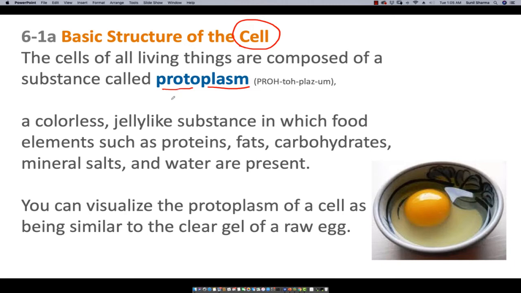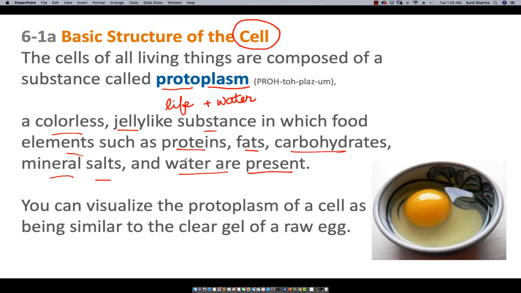The word proto means life, and plasm basically means plasma or a water source. And so it's protoplasm, and what is it? A colorless, jelly-like substance in which food elements such as proteins, fats, carbohydrates, minerals, salts, and water are present.